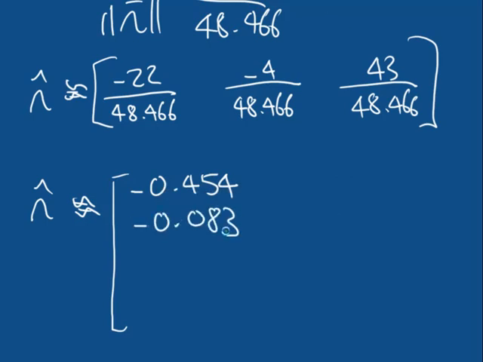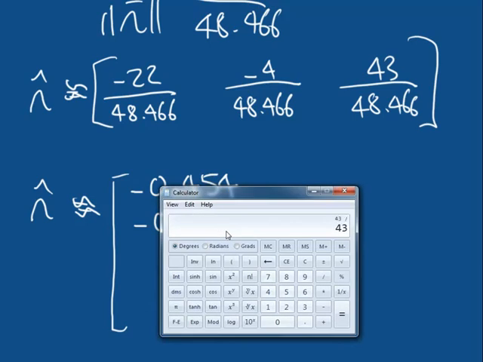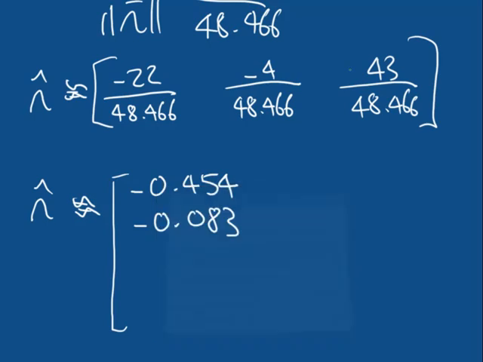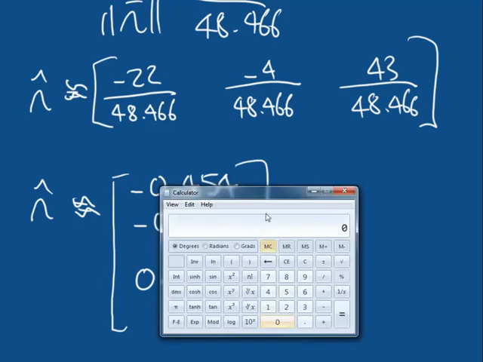Minus 0.083 in y, and in z it's equal to 43 divided by 48.466, which is 0.887. And we can check very quickly that this is close to being a unit vector.